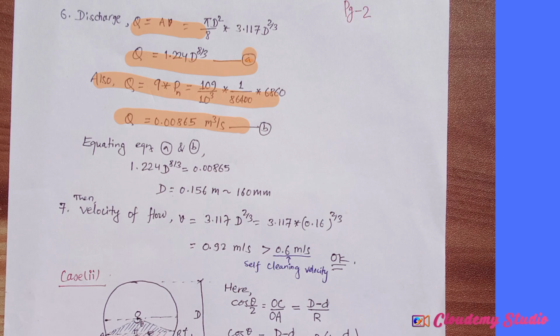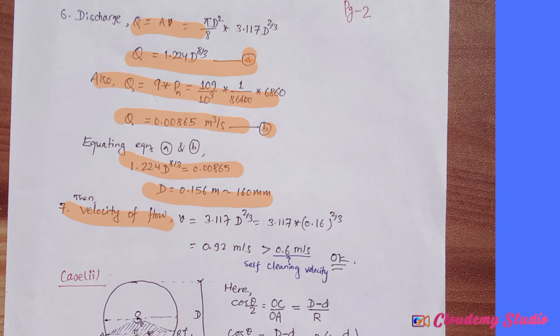Equating equation A and equation B, we get 1.224 times d to the power 8 by 3 equals 0.00865, from where d comes to be 0.156 meter, that is the diameter of the pipe is 160 mm, that is 16 centimeter.